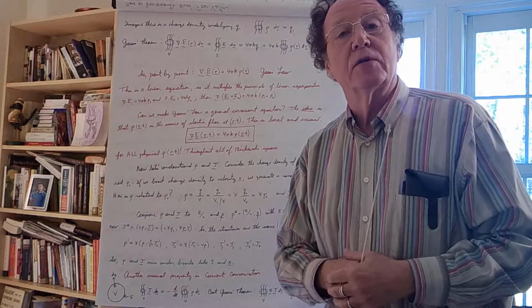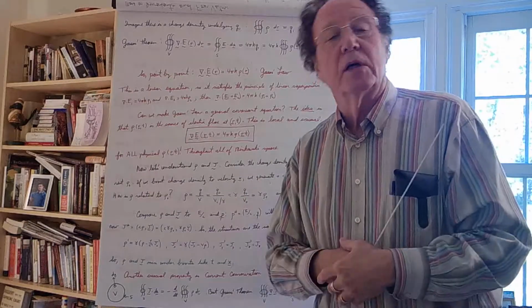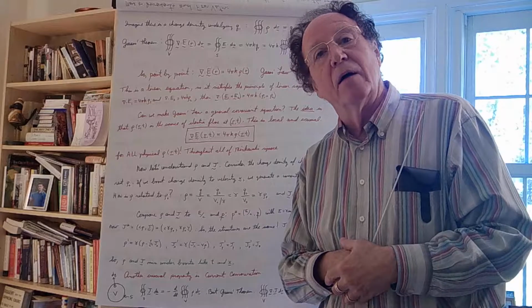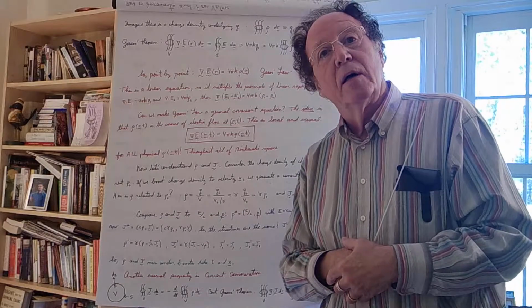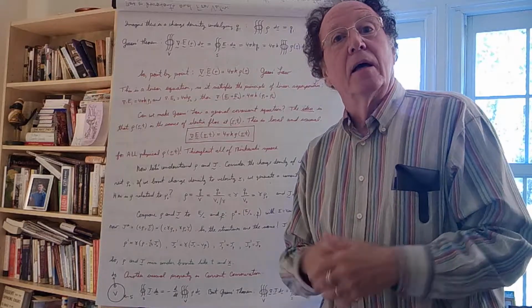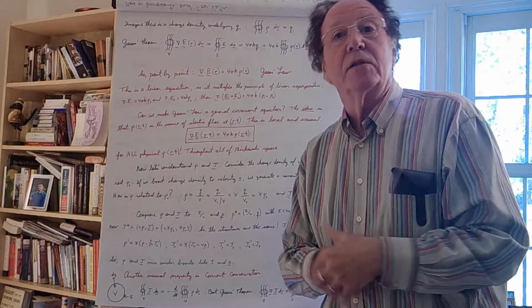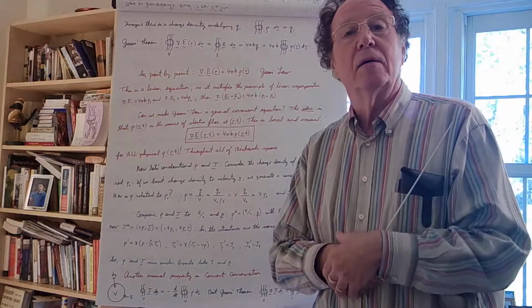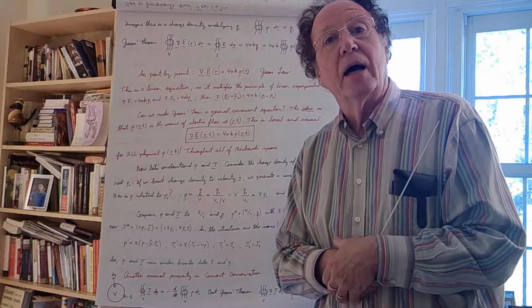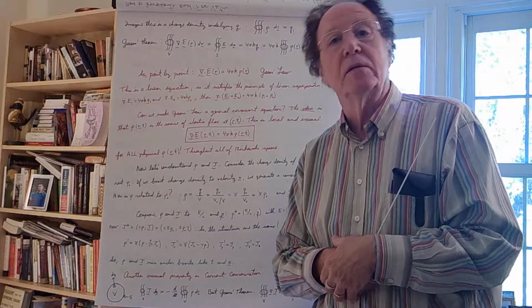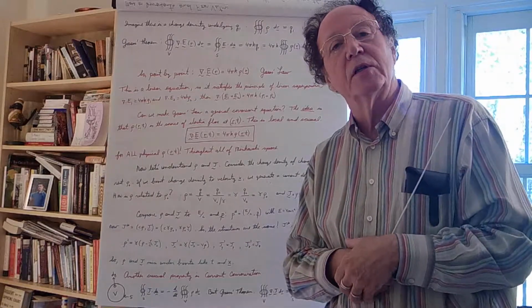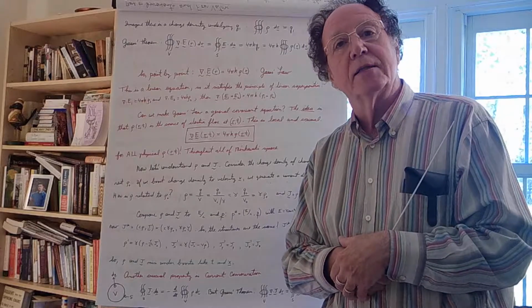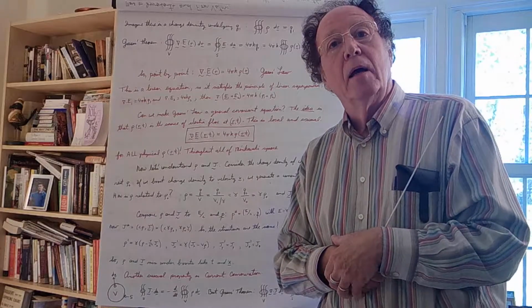And we've argued also, imagining a boost to the instantaneous rest frame of the charge, that really all I need to know is a static situation. I can make the dynamic situation out of it by doing various boosts and perhaps using linear superposition to generate a general charge density.